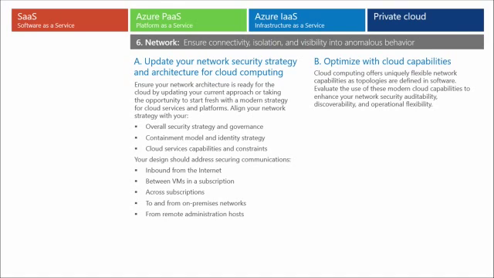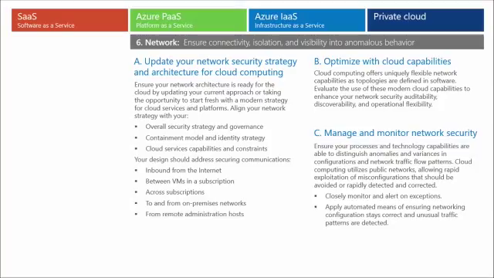There are a lot of opportunities to embrace those cloud capabilities, which also include the ability to stand up an appliance very quickly in Azure through different appliances from the marketplace and the like. That's an opportunity to increase your security using cloud technology. And of course, managing and monitoring network security is very critical.